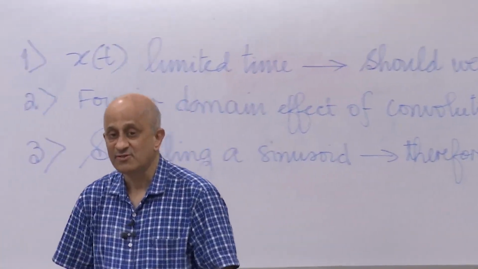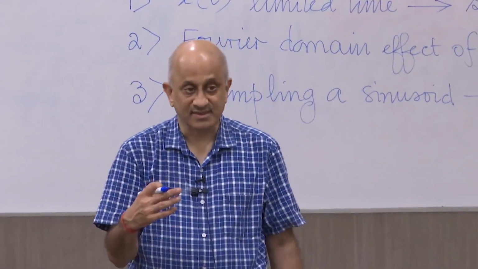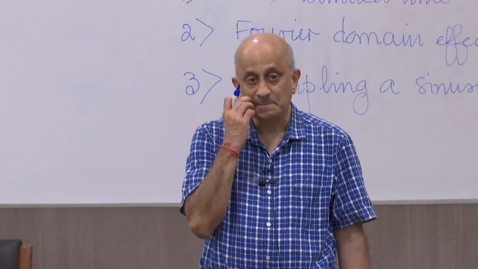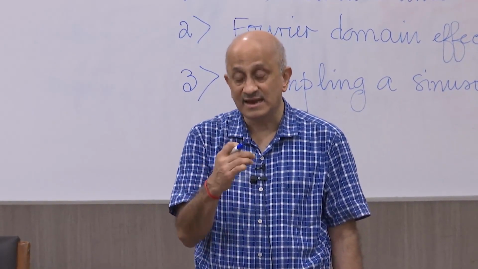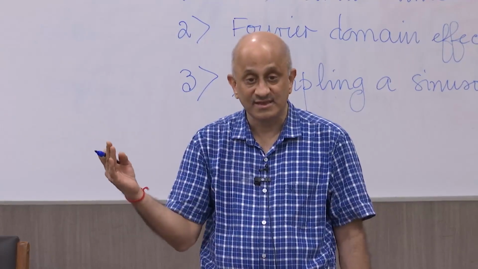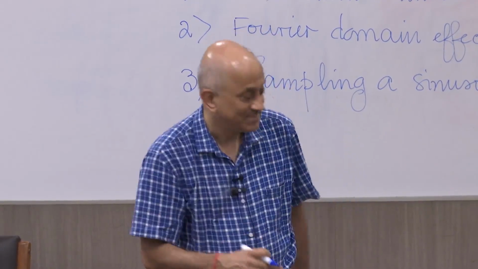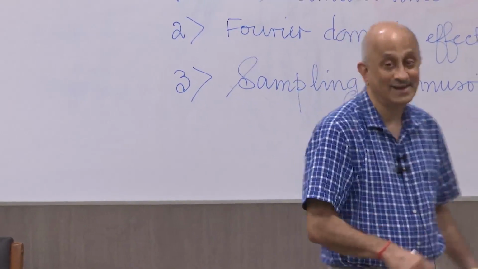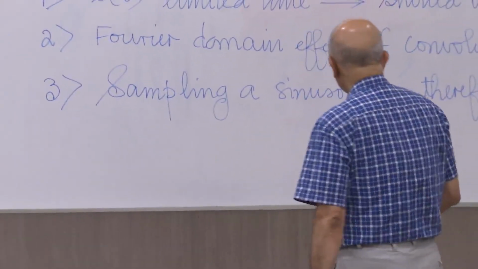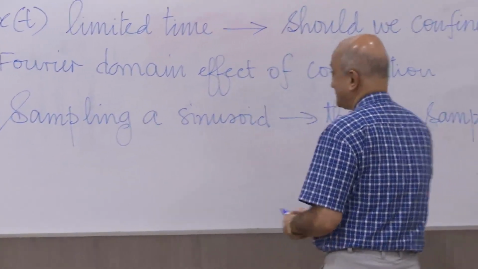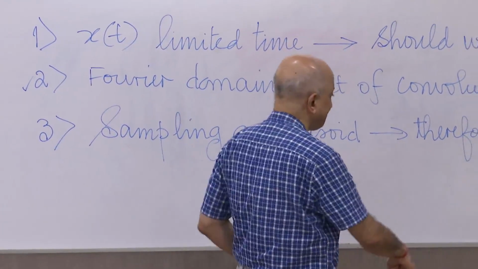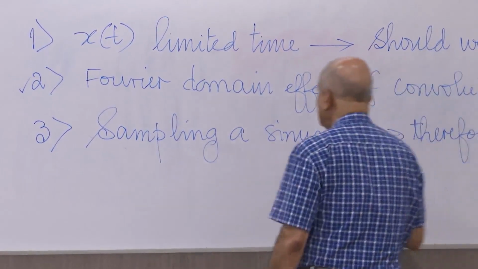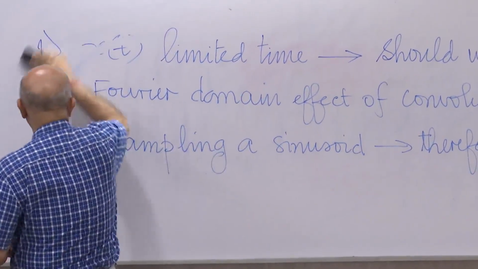If you sample a sinusoid, what happens to the sinusoid? And if you sample a signal, if you think of the signal as comprised of several sinusoids, what is the consequence? These are three things that we now like to address. So let's begin with the second one first, because that continues from what we were doing in the morning. And then we'll take up the other two afterwards.